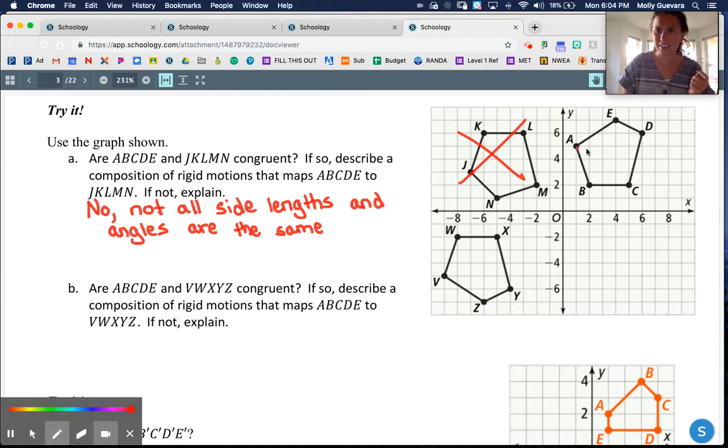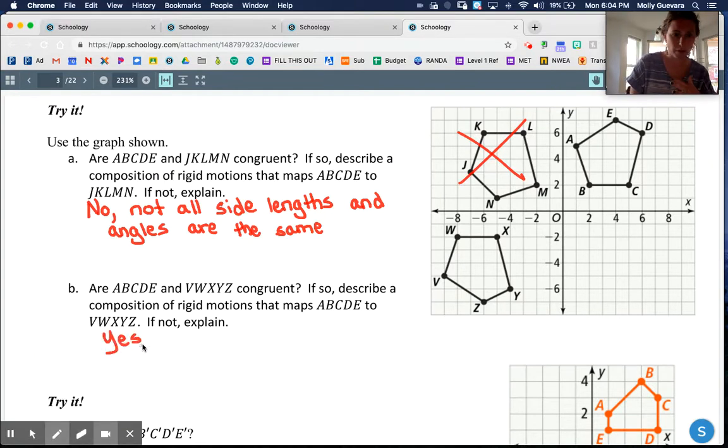Here's 1 to 3. This one is 1 to 3. This length is 3 units long, 3 units long, so that's good. And then this ratio is 1 to 4, and this ratio is 1 to 4. Because all the ratios between the points are the same, all the side lengths are the same, and all the angles are the same. And so, yes, these two are congruent.